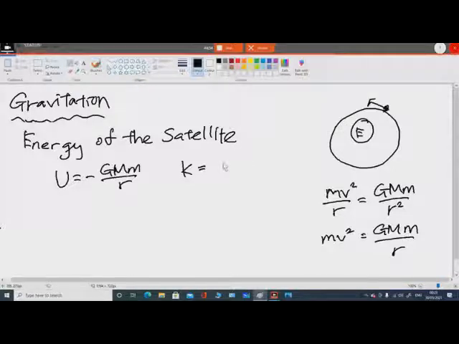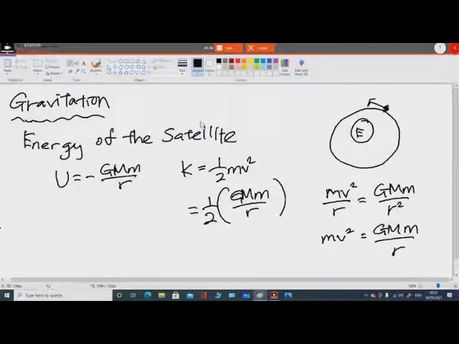Kinetic energy is equal to half mv square. From this formula, mv square is given as GMm over r. So what we get is half GMm over r.